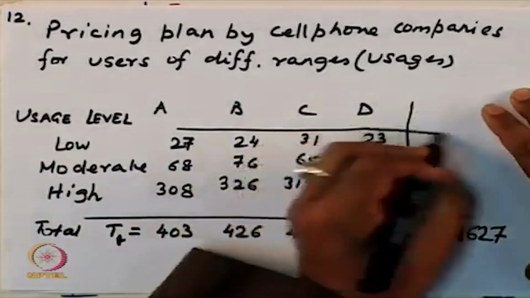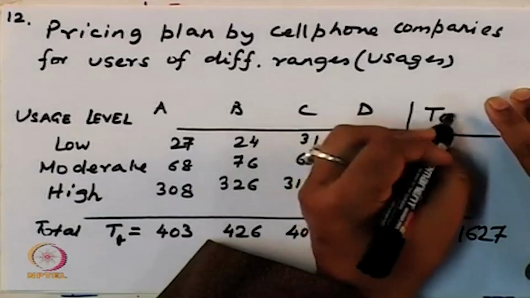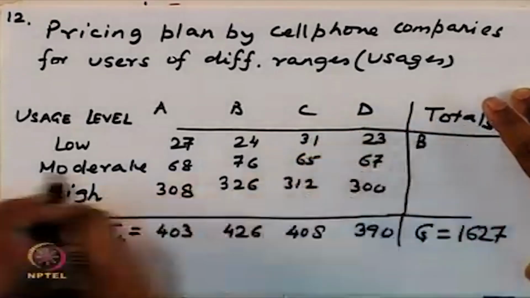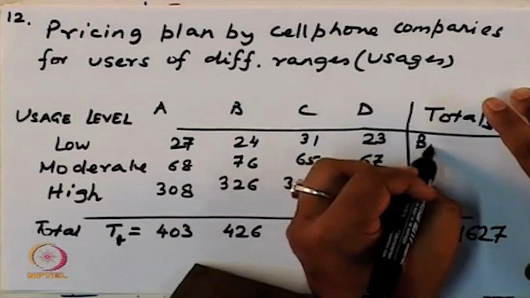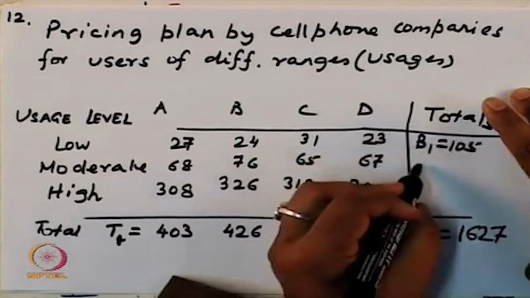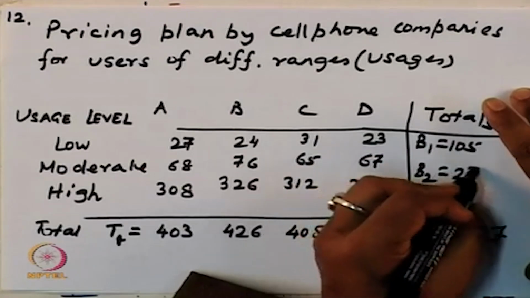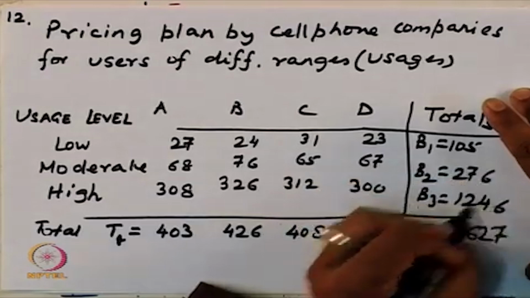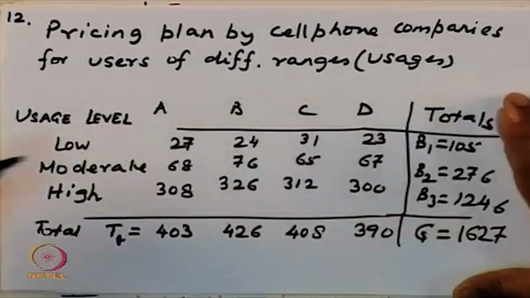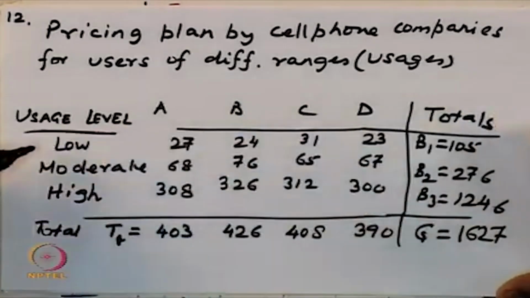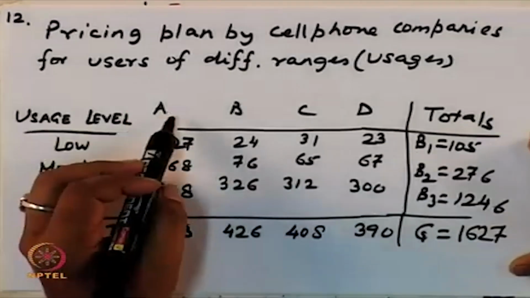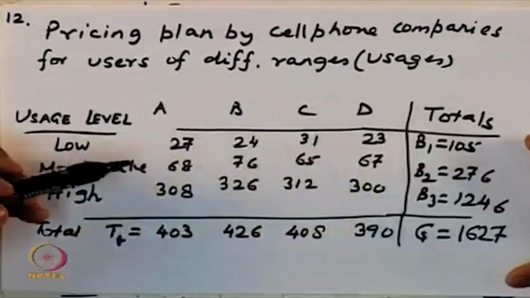But you can also make another panel called totals here, and this is B, the block totals. B1 is 1055, B2 is 276, B3 is 1246. So you have 3 blocks as per usage levels, low, moderate and high, and 4 treatments, which are your companies and their pricing strategies.